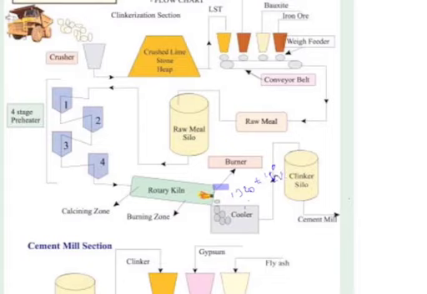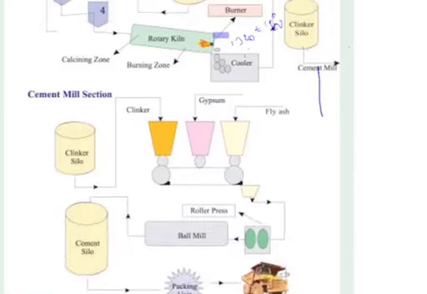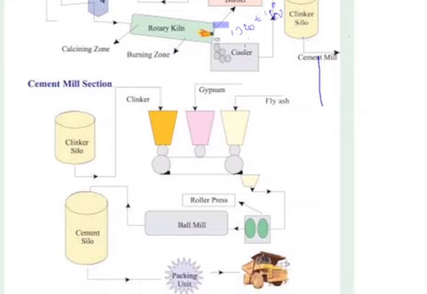Through burning we obtain clinker, which goes to the clinker silo. The clinker we obtain is then mixed with 3 to 5% of gypsum, then we go for the cement mills. This is the diagrammatic representation of the dry process of manufacturing of cement.